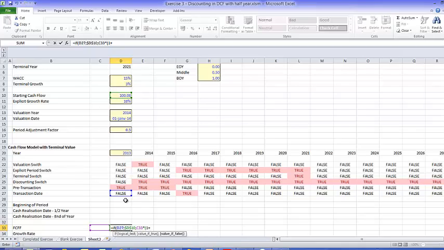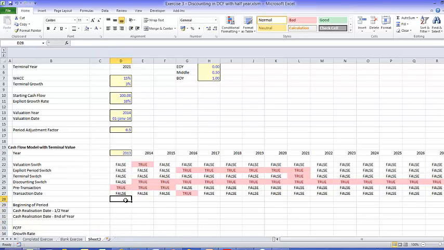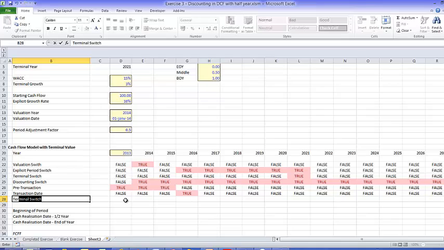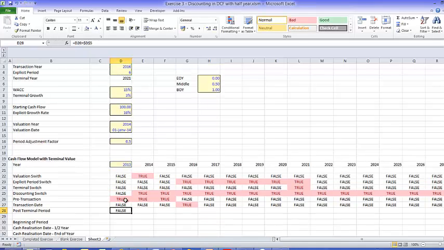Now, before I do this, let's put another switch for the post terminal period. Okay, let's say this one has to be greater than the terminal value.